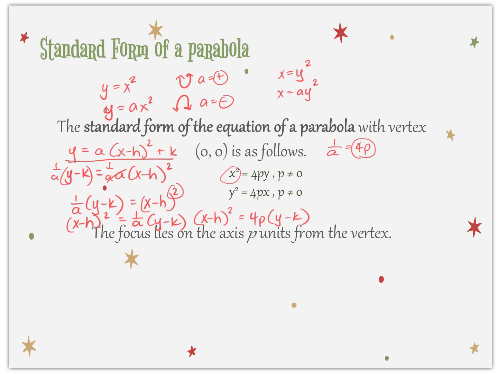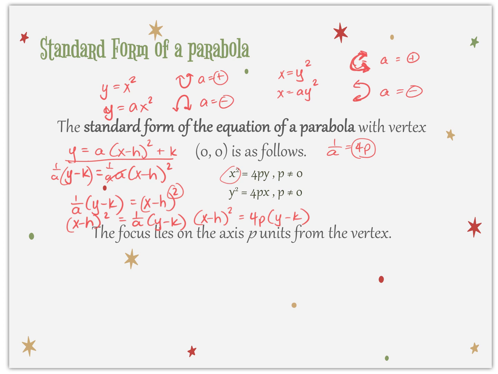And again, if a is positive, it opens to the right, okay? And if a is negative, it opens to the left. Now these are not functions, because remember, if I do a straight line test, I'm going to hit 2 points. So these are not functions, but they're still valid parabolas.